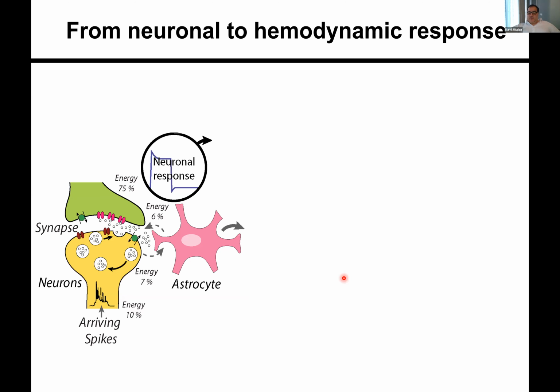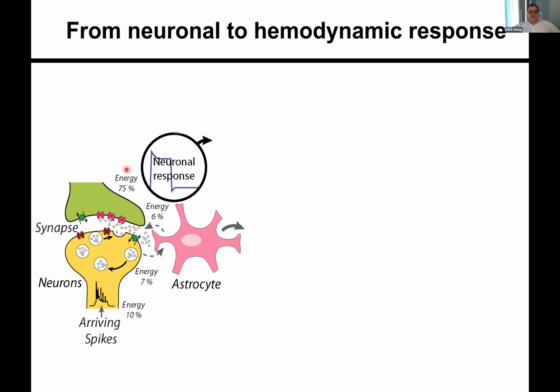Now, if you want to therefore mathematically describe the fMRI signal, we have to reconstruct the chain of events from neuroactivity to the fMRI signal. So here you see a sketch of a neuron, synapse, postsynaptic neuron, and astrocytes, and we have arriving spikes, and then they release neurotransmitters, and they have then postsynaptic activity. And these numbers indicate how much energy is consumed.